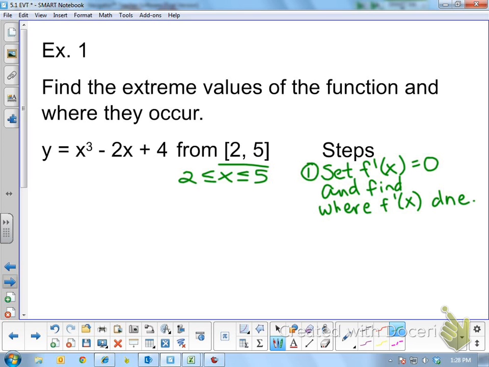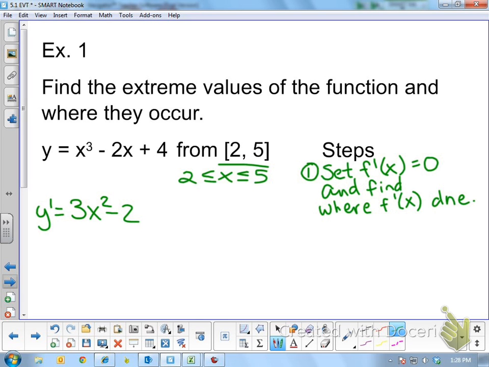So if we're going to set f prime of x equal to 0, what do we need? Because right now I only have y, f prime. Take the derivative. This one's straightforward. Power rule. Be careful, because it's a common mistake, I still do it, to just write 3x instead of 3x squared.